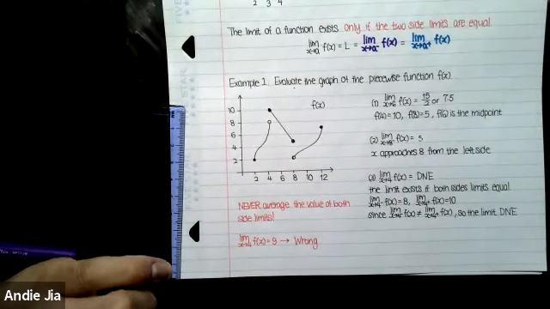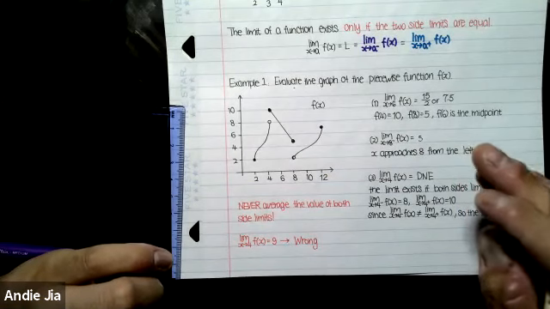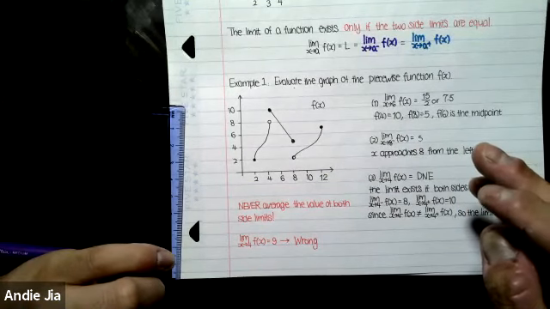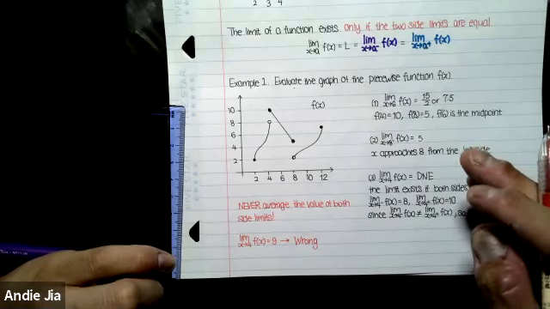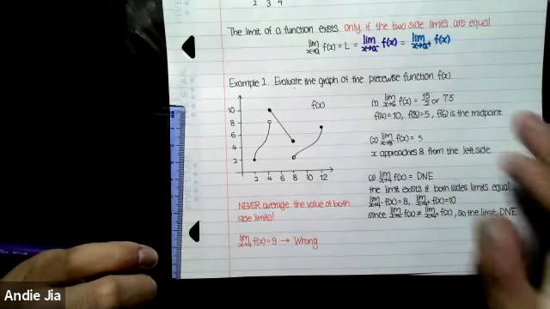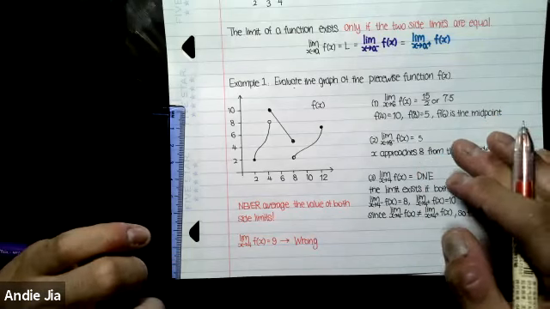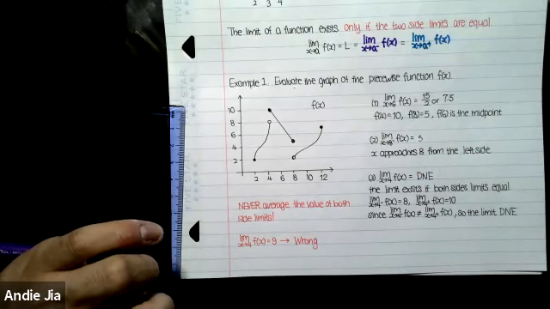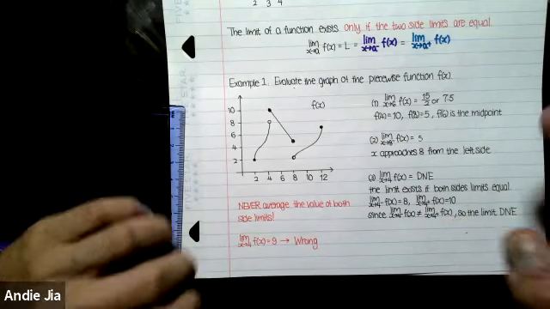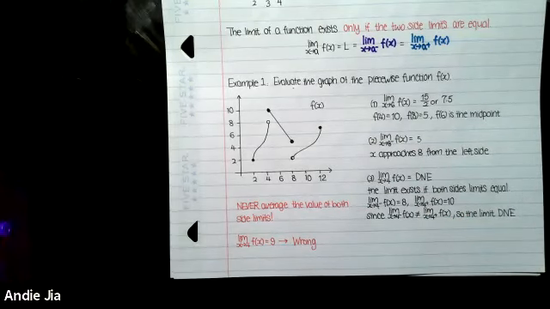In section 2.2, we have a graphical approach to the limit. In section 2.3, we are going to do a numerical approach to the limit. Page number 7.